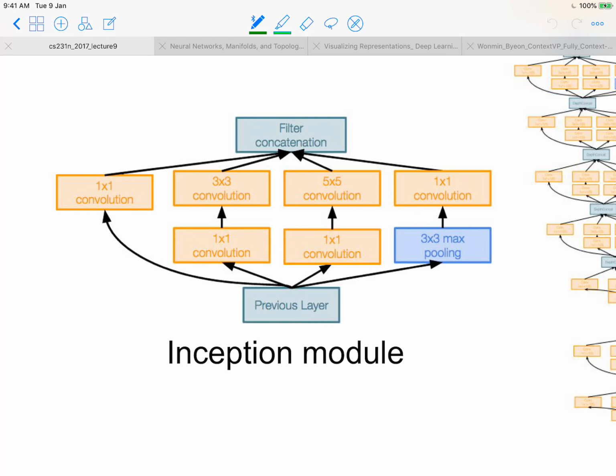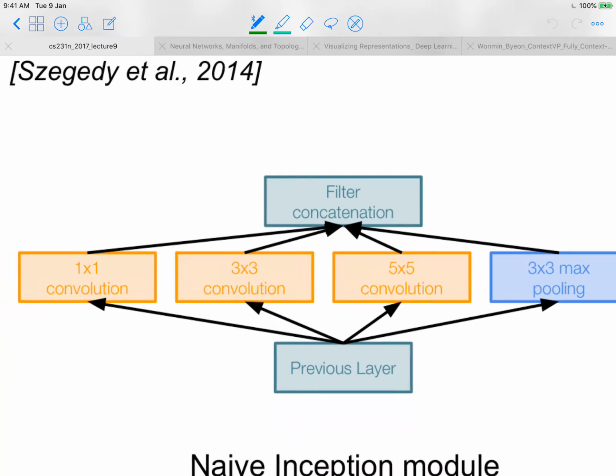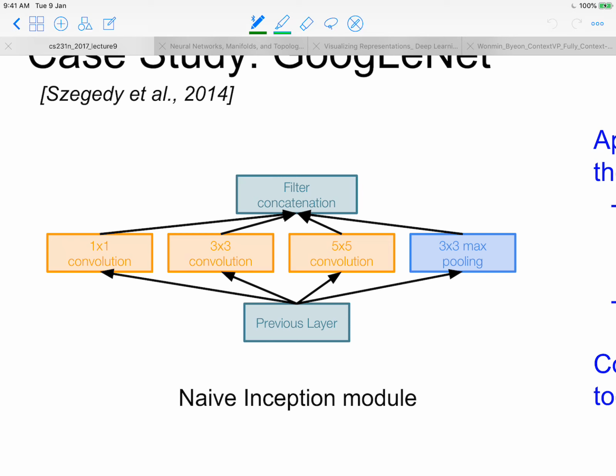So this is the inception module, and let's look at the naive one first and understand it more carefully. We can think of this one by one convolution. At first, when studying this, it didn't make sense to me because convolution is extracting spatial patterns, right?